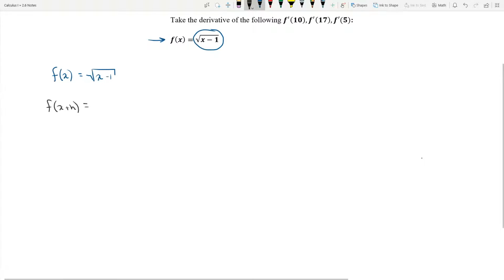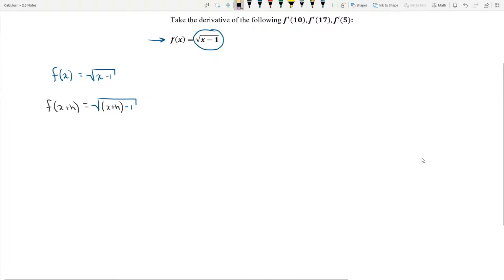Well, that just simply means put x plus h everywhere that x occurs in the original function. That's all it means. So we're going to take the square root, I'm going to write in my x plus h, minus 1. And that is going to be my f of x plus h.